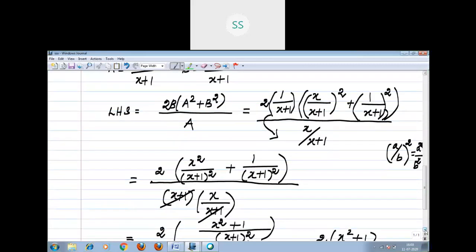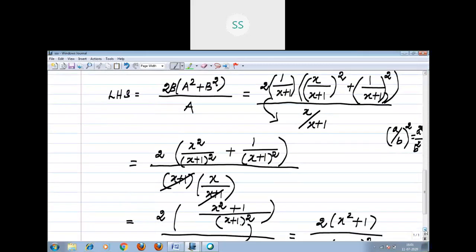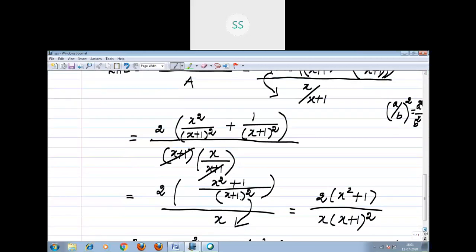X plus 1 into x by x plus 1, cancellation. In the numerator is also a fraction, and the denominators are same. If the denominators are same, that is a like denominator, so directly you can add your numerators. So what you arrive at here: x square plus 1 divided by (x plus 1) the whole square.